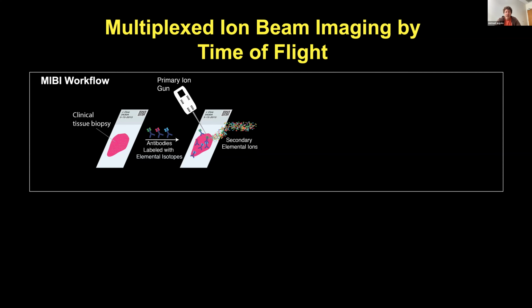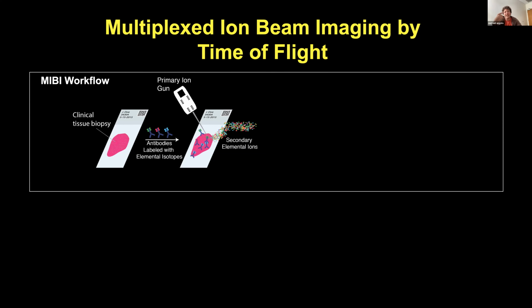And so that beam is focused down. You can think of an image as just being comprised of a grid of pixels, right? The beam goes to every pixel consecutively, from left to right, right to left in a raster pattern. For each pixel, it'll sit there for say 100 microseconds to maybe a millisecond.